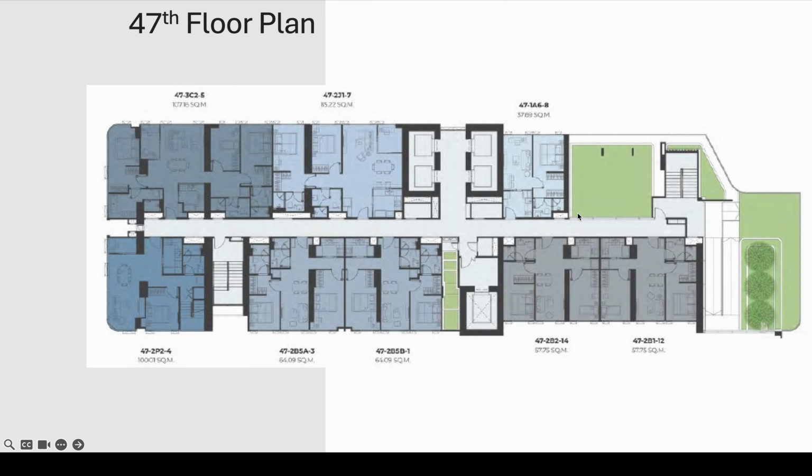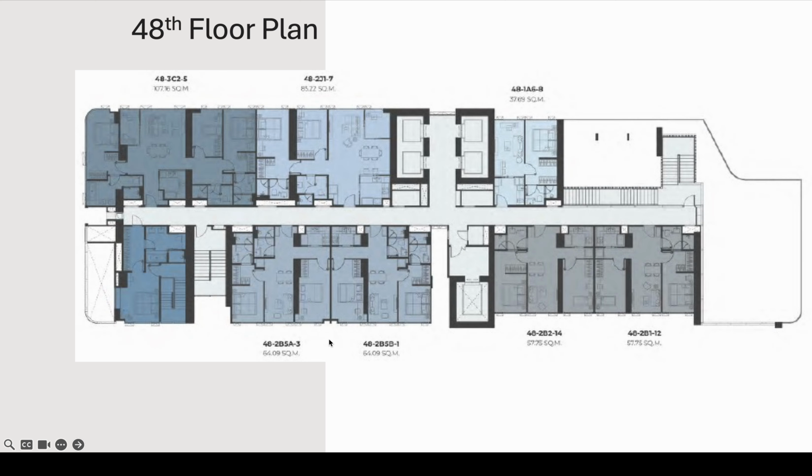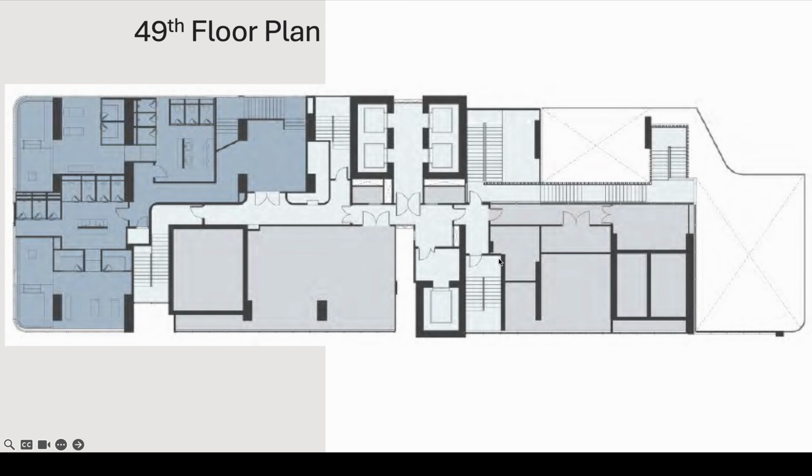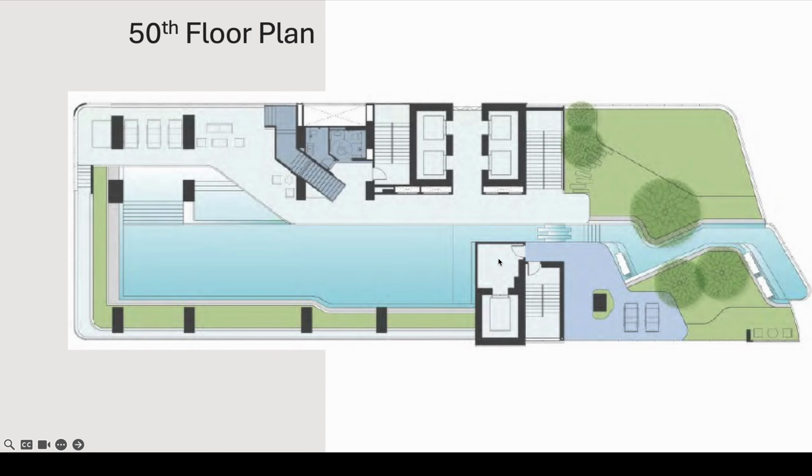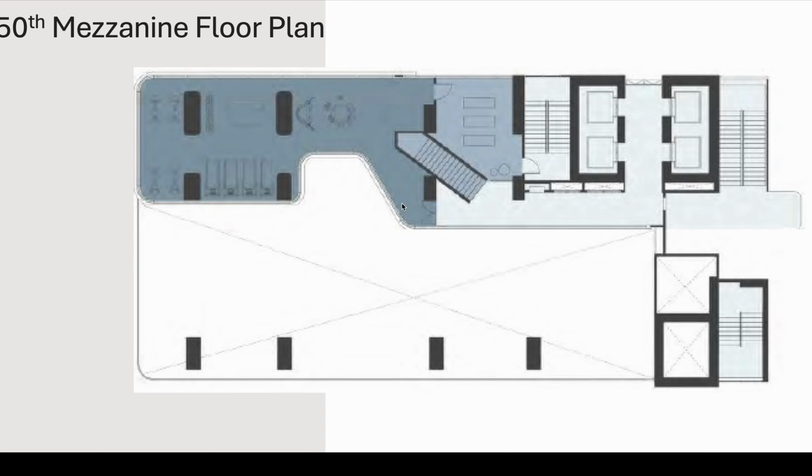Okay, so you can see 47th floor, same thing, there's greenery here, so you can also select 47th floor. 48th floor overlooks. So 49th, 50th facilities, then 50th mezzanine floor plan.